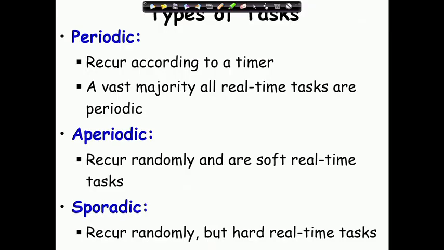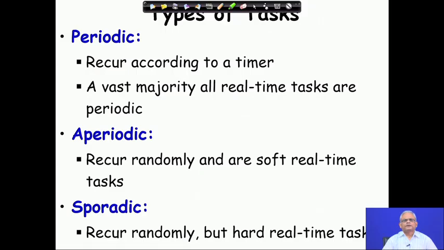A periodic task, as the name says, the tasks recur according to a timer. For example, let us say a chemical plant, the parameters of the plant are sensed periodically, and then the computer decides whether to take a corrective action, and if there is a corrective action like changing the temperature or chemical concentration and so on, it does it within certain time.